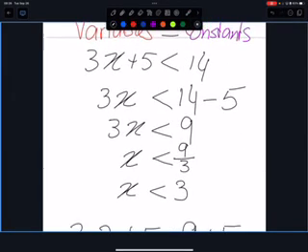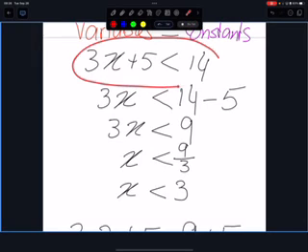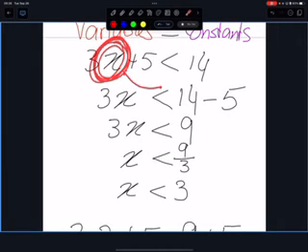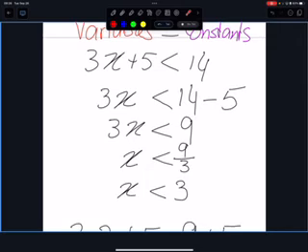It's about understanding the language that is written here. This is the language. You have to understand what is written. I have to place an x value, and when I multiply that x with 3 and add 5, the answer has to be less than 14.